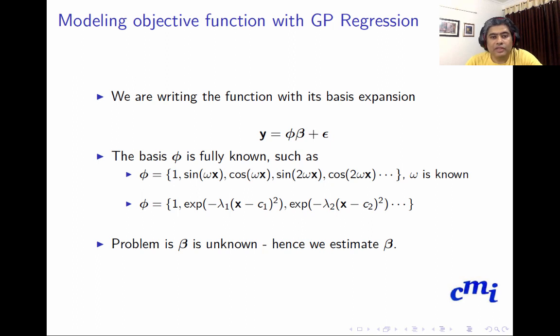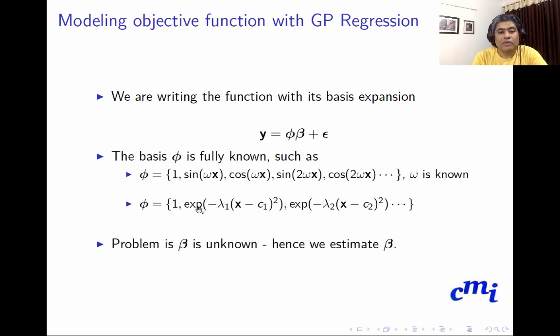Now what is phi j? Phi j could be choices like Fourier functions, or a Fourier basis like sine omega x, cos omega x, sine 2 omega x, cos 2 omega x, where omega is completely known. So if you know omega, then this entire Fourier basis is completely known.